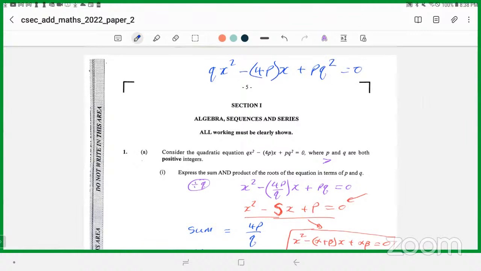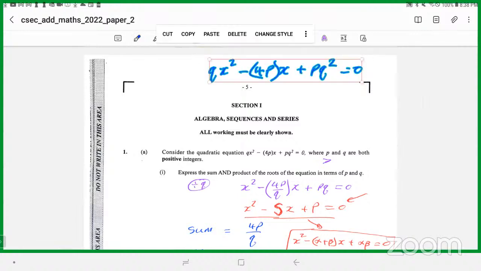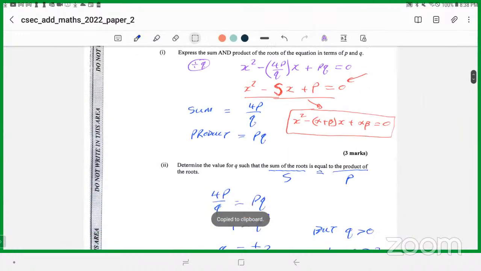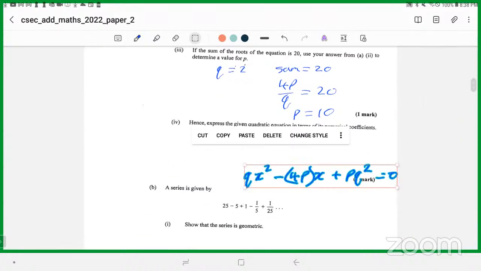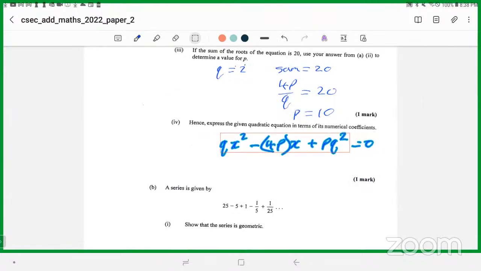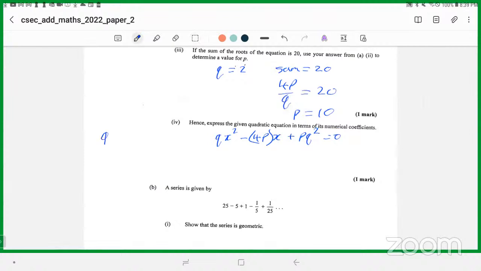Let's copy this down. I'm going to put the values in it now. Copy, paste it down here. So that's what they gave us, and we are dropping in Q equals 2 and P equals 10 in there. If Q is 2, that becomes 2x squared. Bam. If P is 10, that becomes 40.